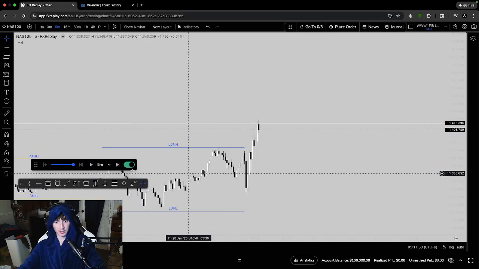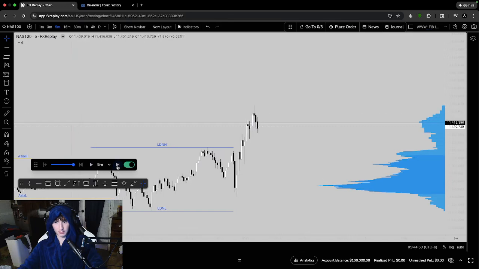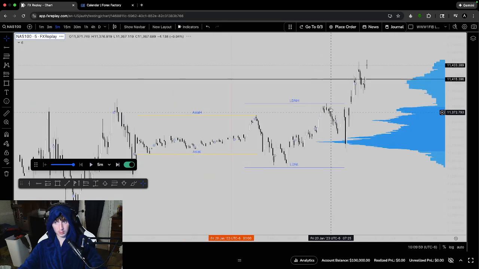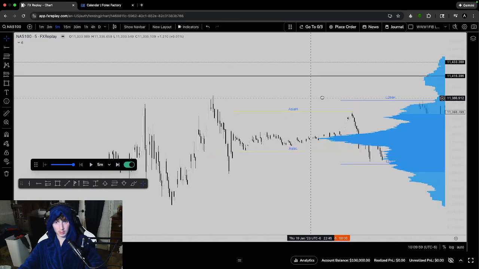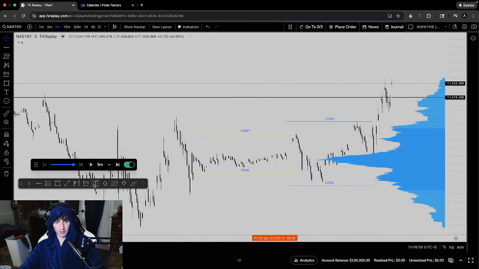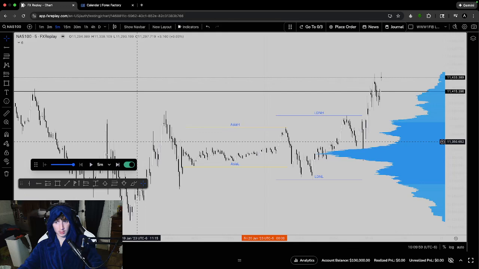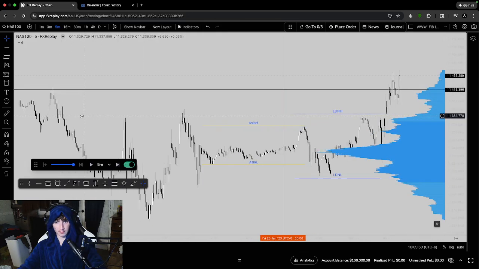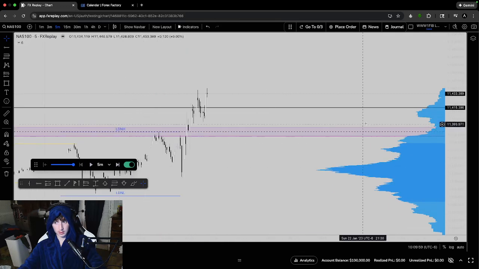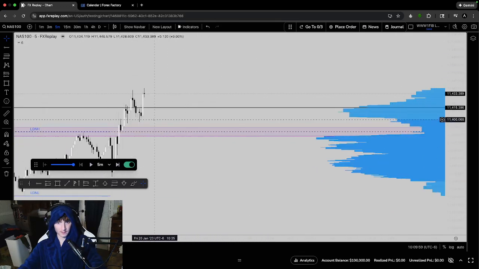I'm expecting a reaction here. Some type. Or maybe we should be going the opposite direction. Clear support, low volume node. 5-minute gap.